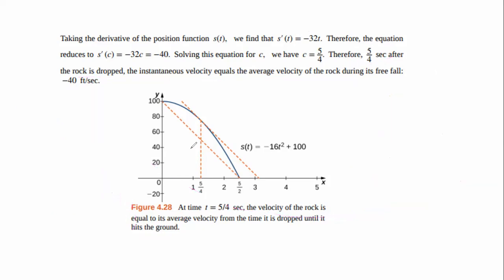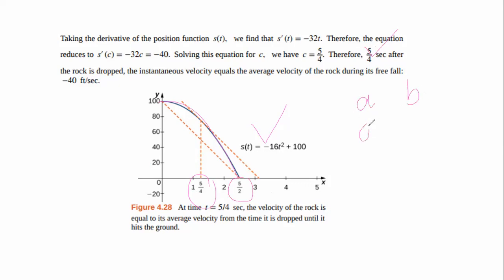Okay, so this is basically the s of t function, which is negative 16 t square. Okay, so this is the 5/2 point for this curve. If this is the curve for this function, and I join with respect to 5/4 and 5/2 respectively, 5/2 is this one, that is my A and B part.